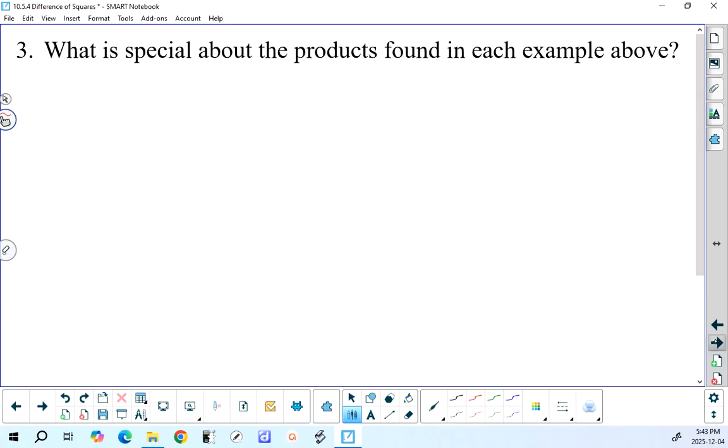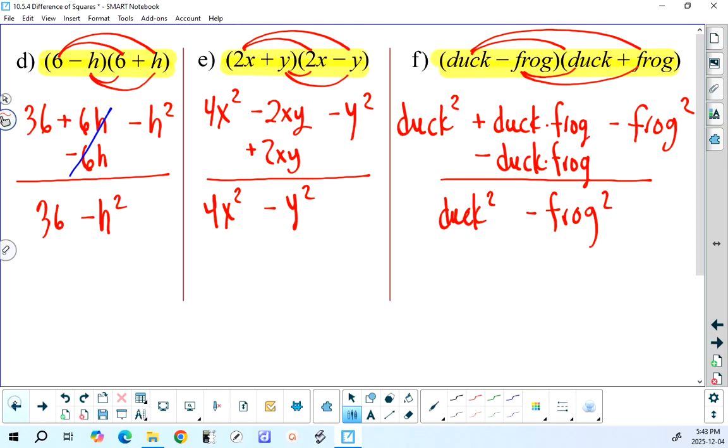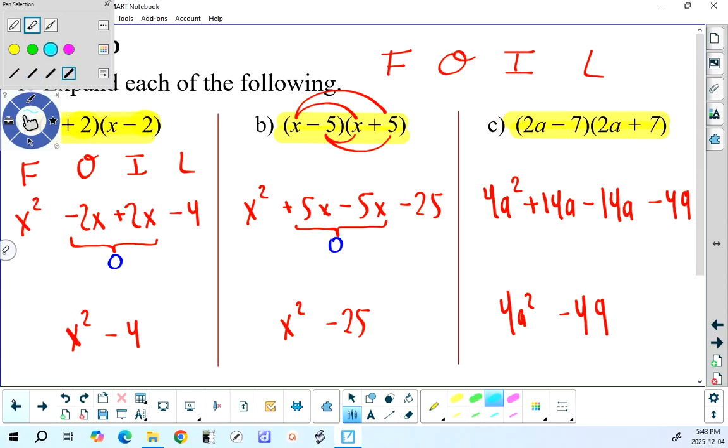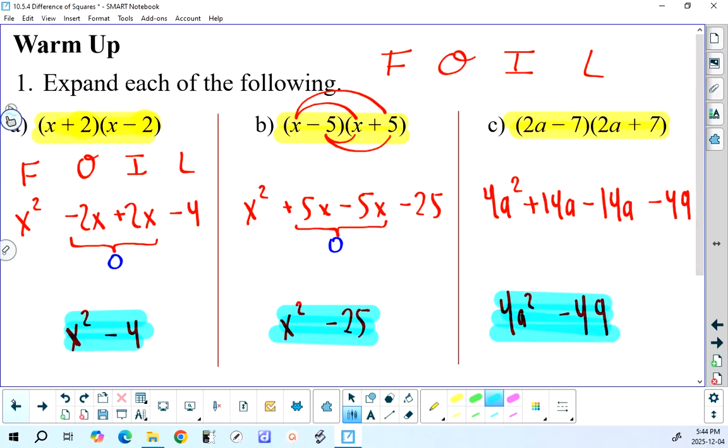What is special about the product? So now what we're asked about is the following. What is unique or special about what we get? Well, in all of these cases, the outer and inner terms cancel because one's positive and one's negative. And what we notice is we only end up with two terms.